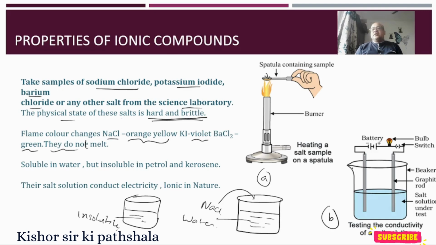The battery has been connected, and a bulb is there to tell us whether the given salt solution conducts electricity or not. We see that when the circuit is complete, the bulb will glow. So it indicates that the salt solution conducts electricity, and these are ionic in nature.